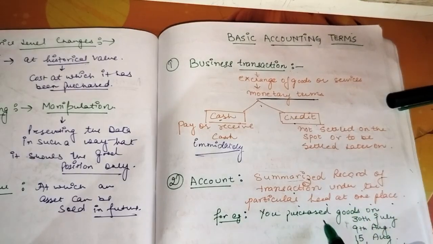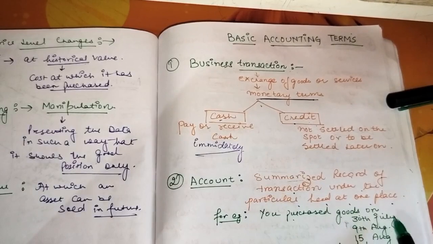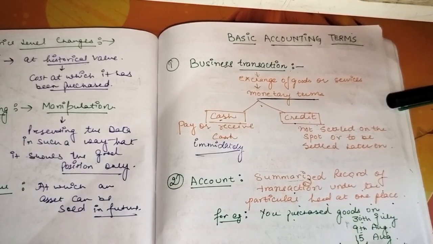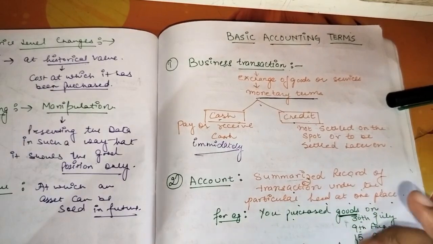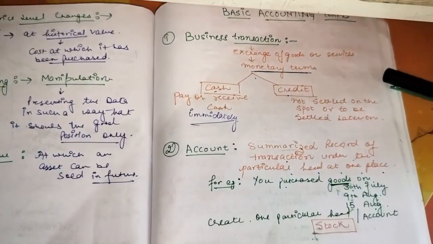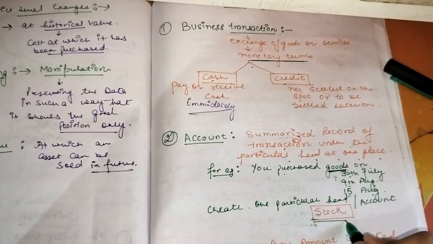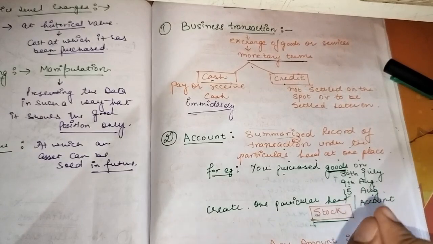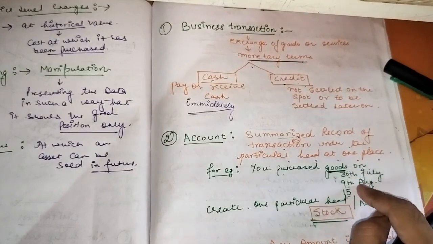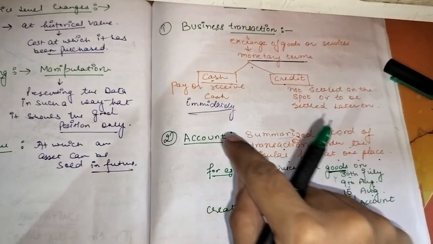As already discussed, for example, you purchased goods on 30th July, 9th of August, 15th of August. So you are purchasing goods on different dates. So there will be one particular head that will be created, which is stock. Stock is that one particular head or account which will be created for the different dates. So what is basically an account?